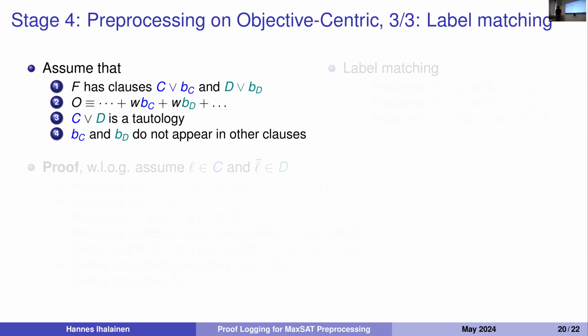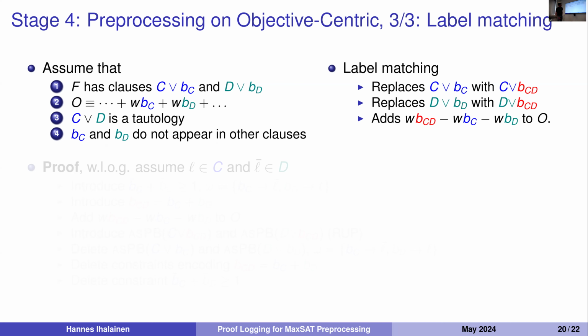If our instance has clauses C or BC and D or BD, where BC and BD are variables in the objective function that have the same coefficient, and C or D is a tautology, and BC and BD don't appear in other clauses, then what we can do is introduce a new variable that replaces BC and BD. And the new variable takes coefficient W in the objective function.